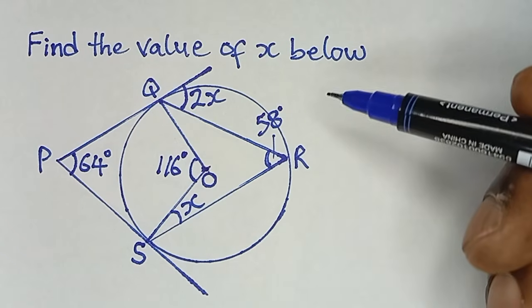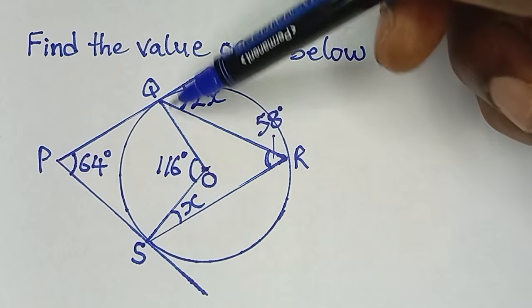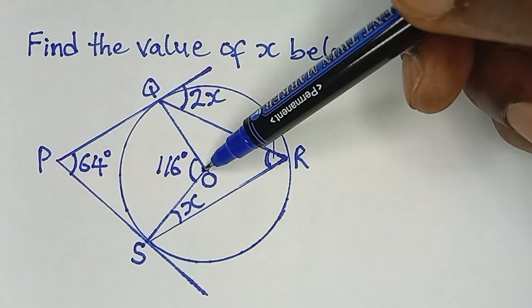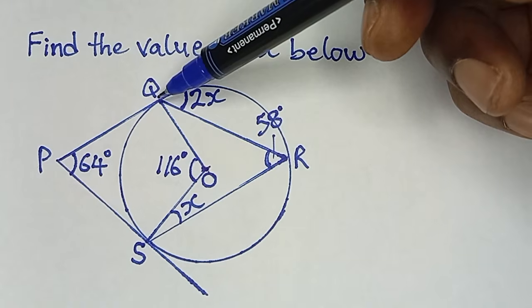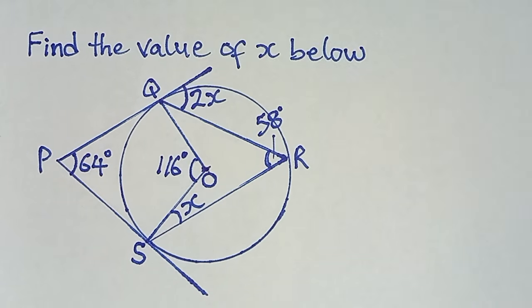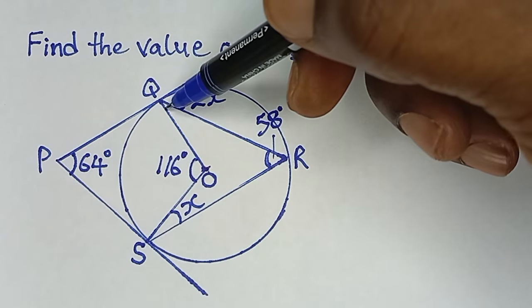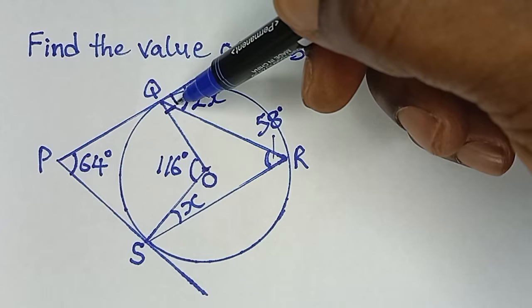Okay, now, for us to establish this, let's look at this radius again. From the center of a circle to the circumference is a radius, and a radius makes an angle of 90 degrees with a tangent. Don't forget that theorem.